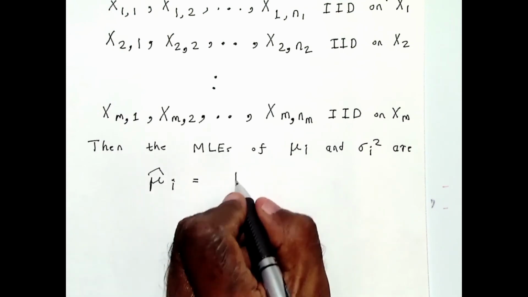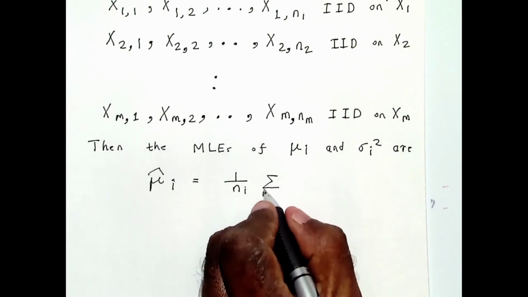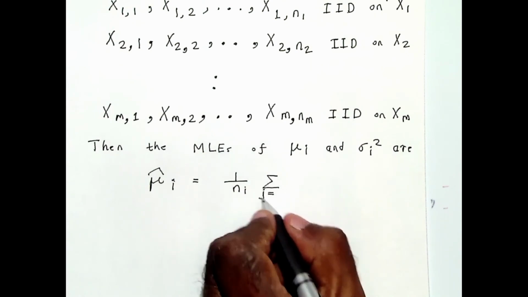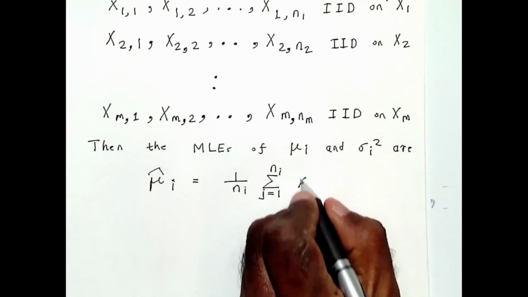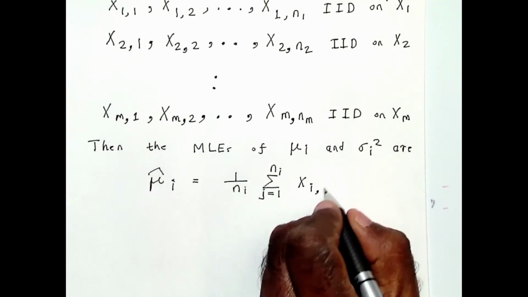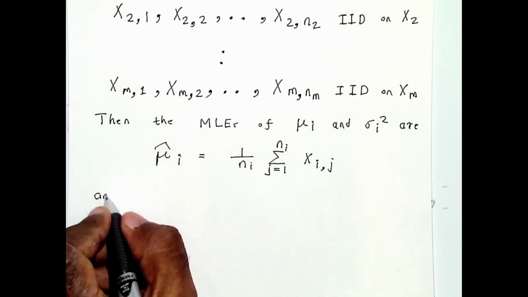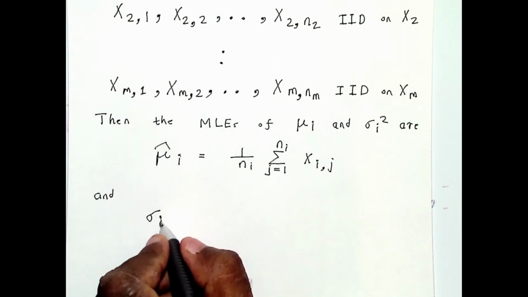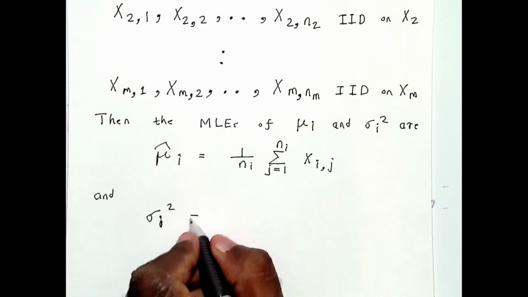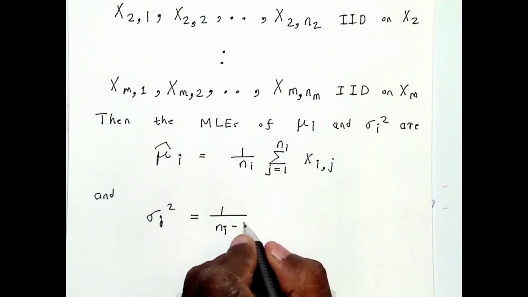So the MLE for mu I will be this. All right, and the MLE for sigma I squared will be this.